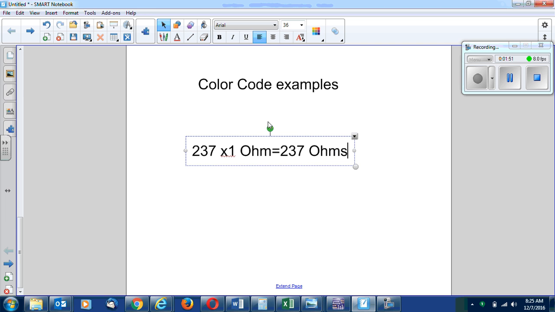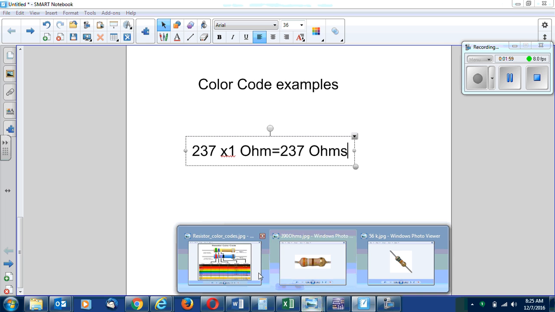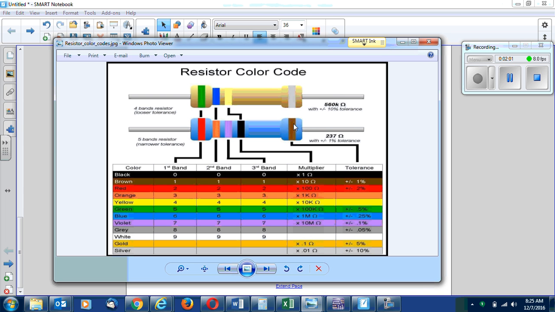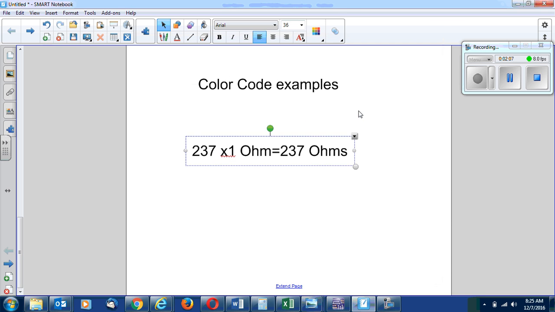Now let's check the last band, because that will give us our tolerance. Let me take a look. The last band is brown, and brown means 1% tolerance. So it's 237 ohms with 1% tolerance.